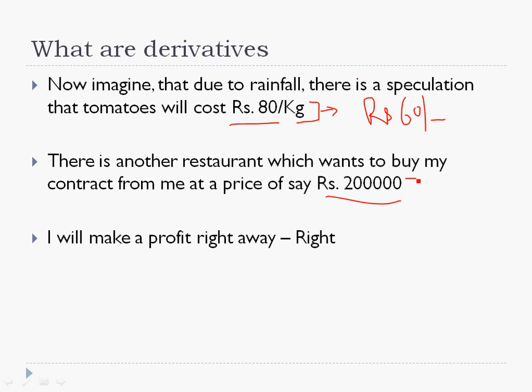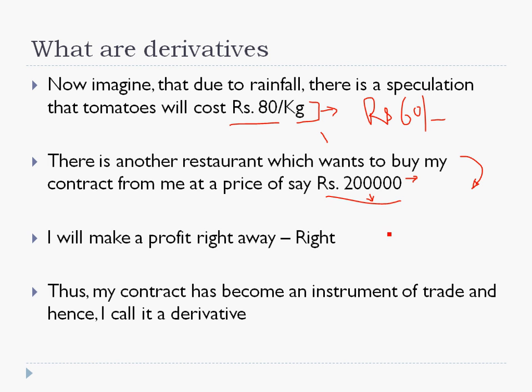So that restaurant says, you are shutting down your restaurant, let me buy this contract from you and I'll pay you rupees 2 lakhs. So I would transfer the rights of my contract to this new restaurant if that is written in my agreement, right? So I'll make a profit right away.